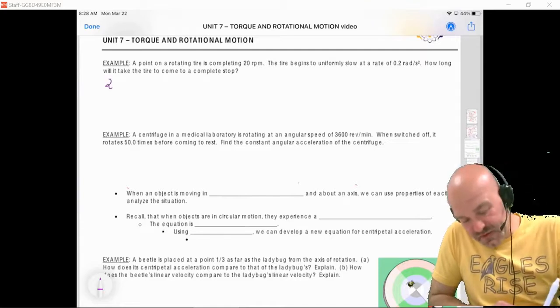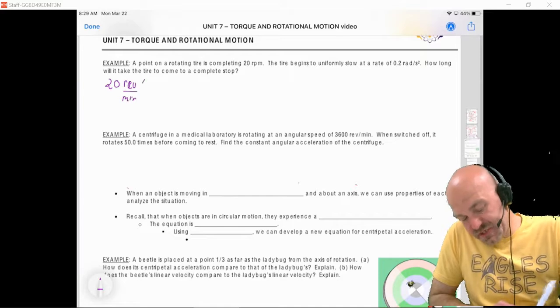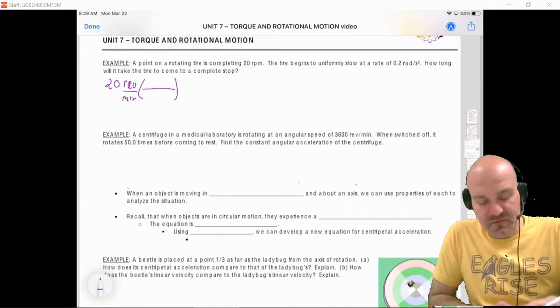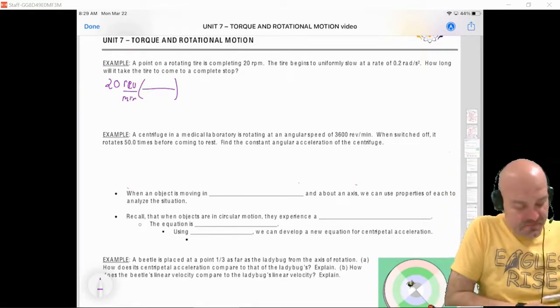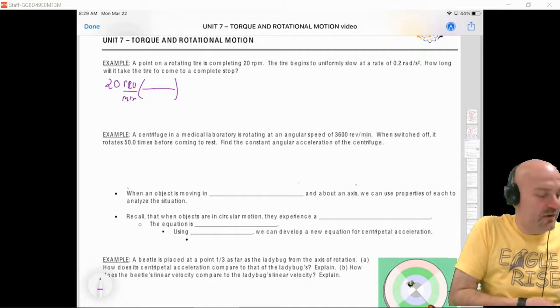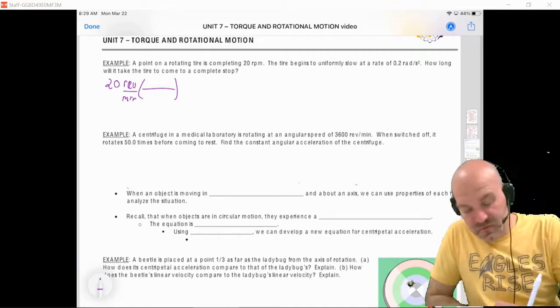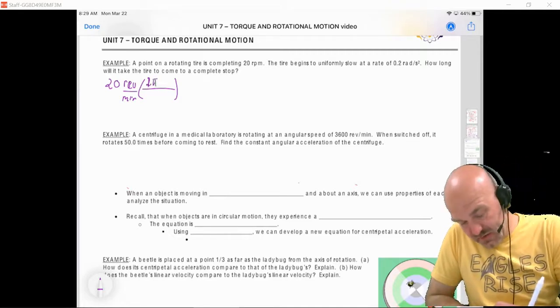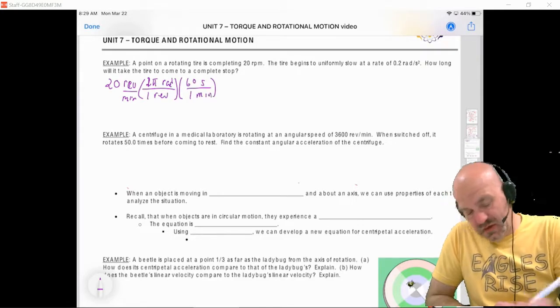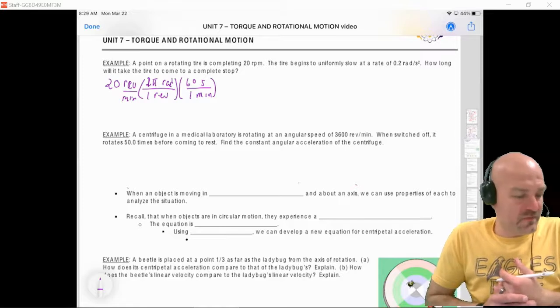The first thing is we need to take that 20 revolutions per minute and change that to radians per second. Remember, 1 revolution is 2 pi radians, and there are 60 seconds in 1 minute. So we're going to multiply 20 times 2 pi.